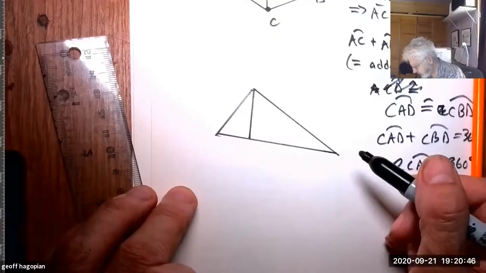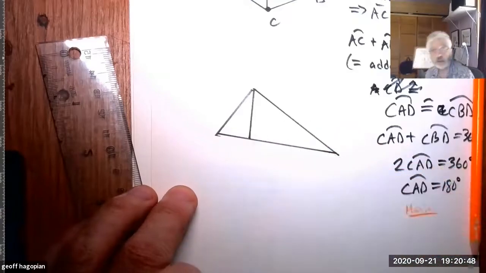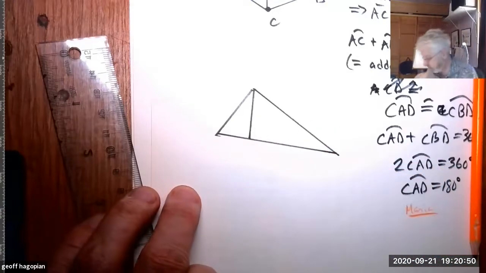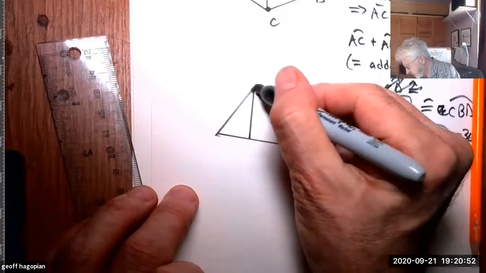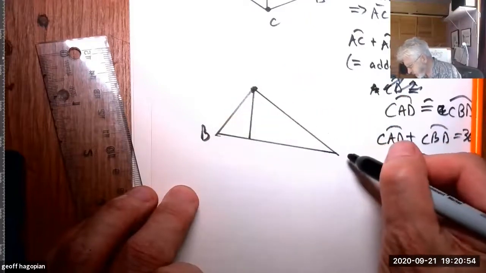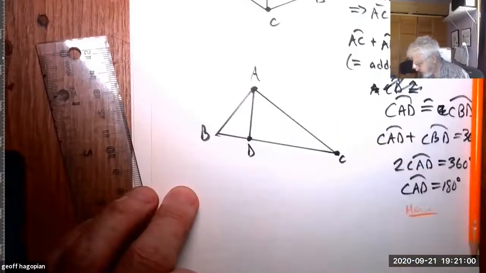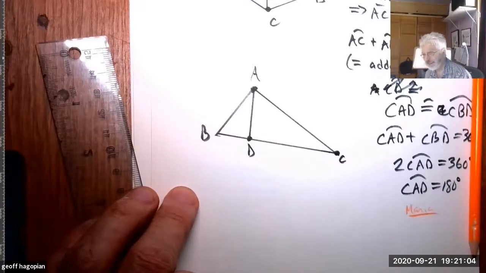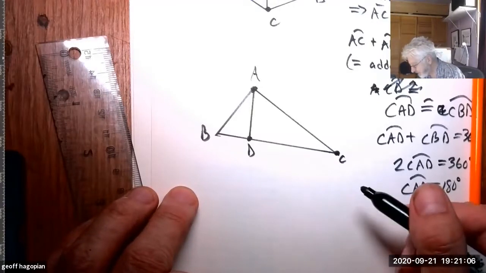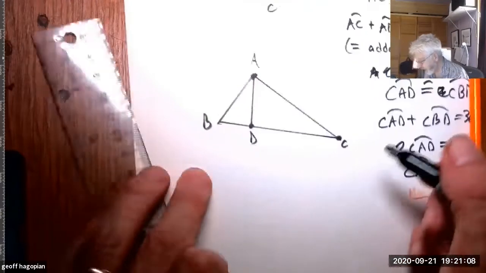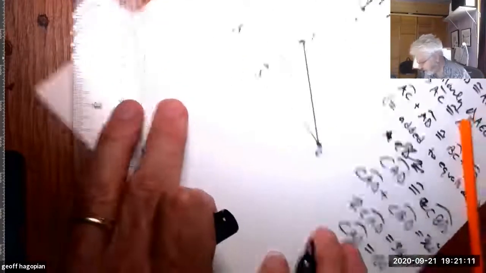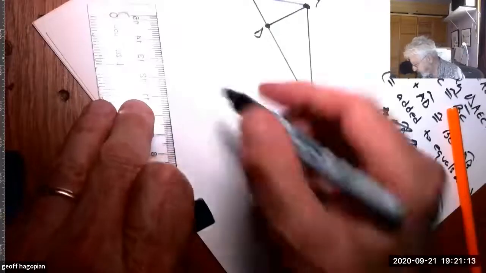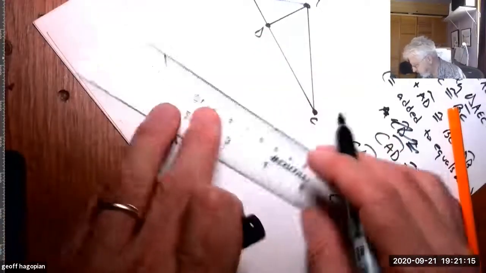And the other altitudes are, so this is, say, AD. See, I didn't draw that right. I need to draw a more scalene triangle.